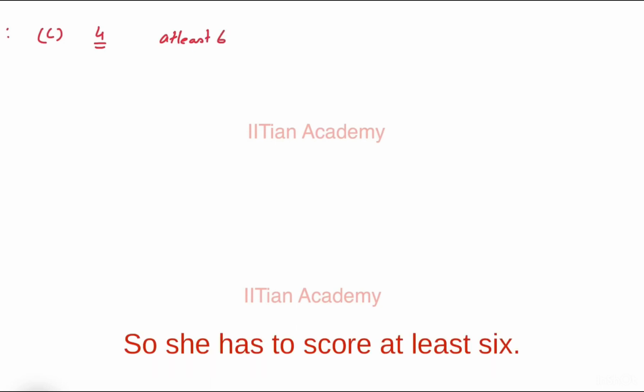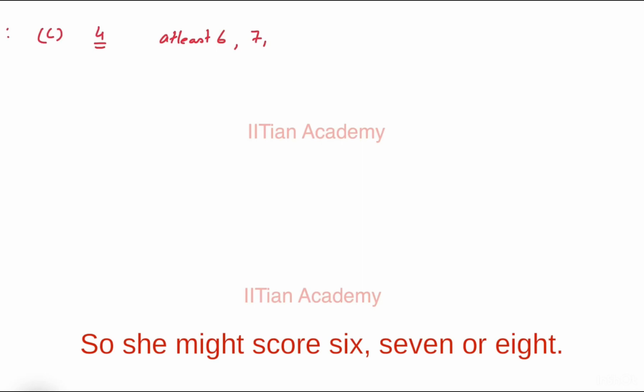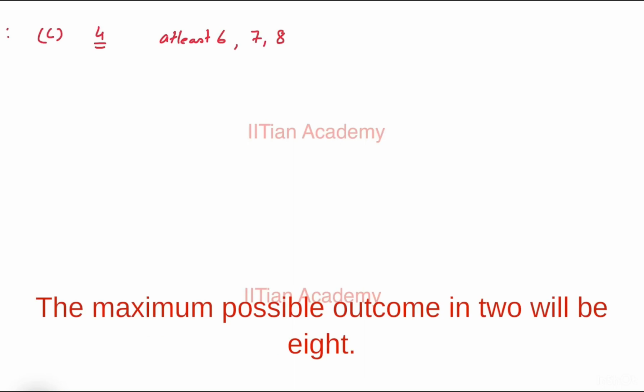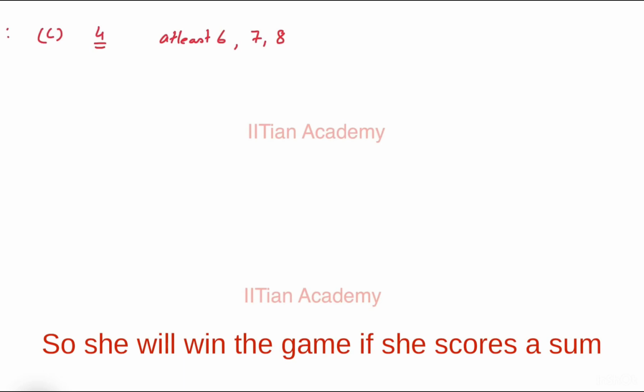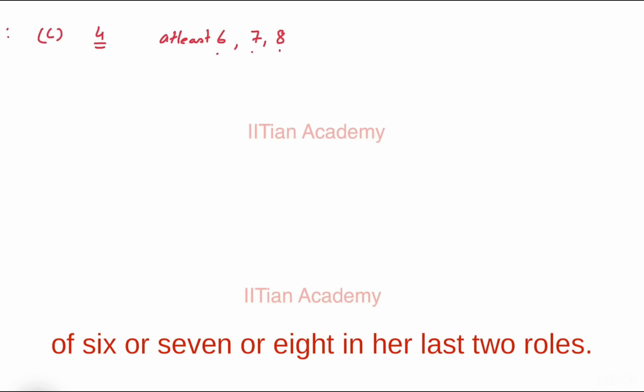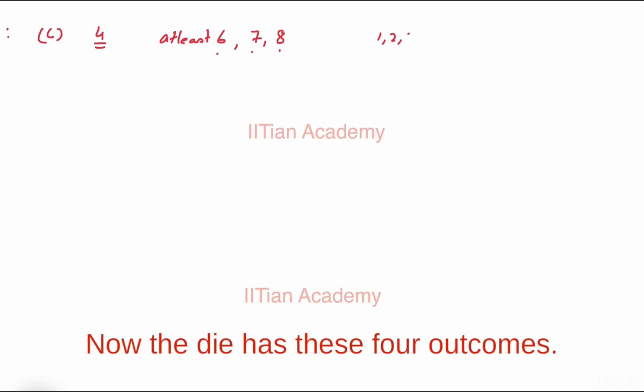So she might score 6, 7 or 8. The maximum possible outcome in 2 rolls will be 8. So she will win the game if she scores a sum of 6, 7 or 8 in her last 2 rolls. Now the die has these 4 outcomes.